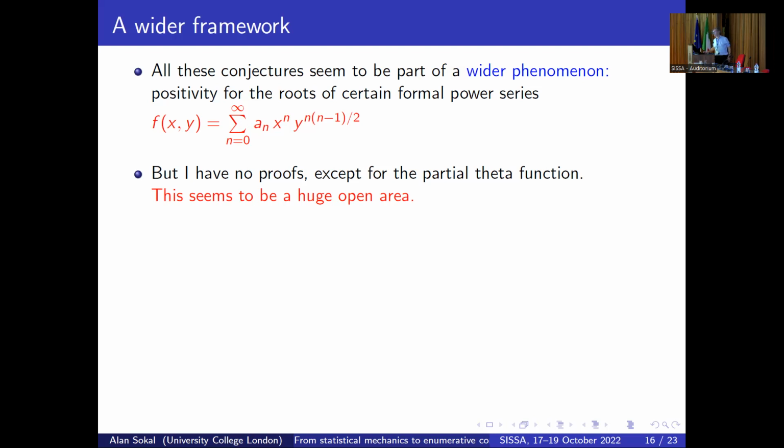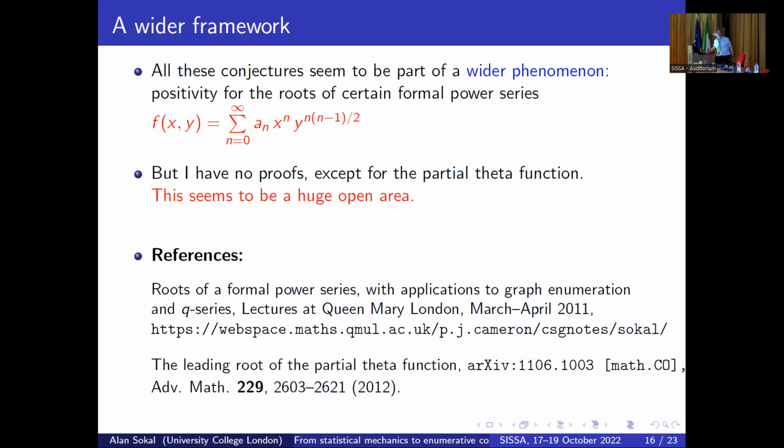But other than that, it's a huge open area. I have not made any progress on it, and I hope someone else will. So if you're intrigued, you can look at some lectures I gave at Queen Mary in London, 11 years ago now. And the one proof I have is this one on the partial theta function.